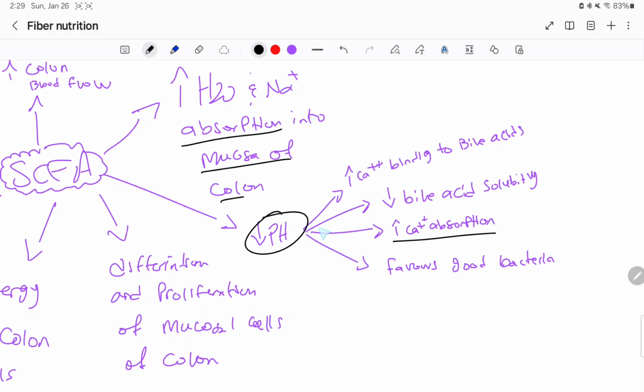Furthermore, this low pH is going to allow for calcium to also bind to bile acids, and that's going to actually cause bile acid excretion. Okay, bile acid excretion. Again, this is good because it helps with that cholesterolemia thing. Another thing is that in and of itself, the low pH is just going to decrease bile acid solubility, which will again lead to excretion. And of course, the low pH favors good bacteria to grow.